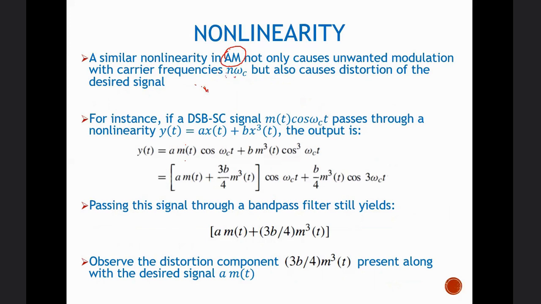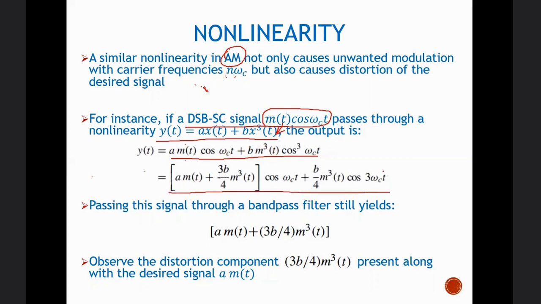Let's consider a double sideband suppressed carrier signal, which is given by this expression. Let's say we pass it through a nonlinear response given by y(t) as a x(t) plus b x cube (t). When we give this signal as input to this expression, we get this output expression. After rearranging, you can see that instead of cos cube, we have cos 3 omega c as well, which is a high frequency carrier.